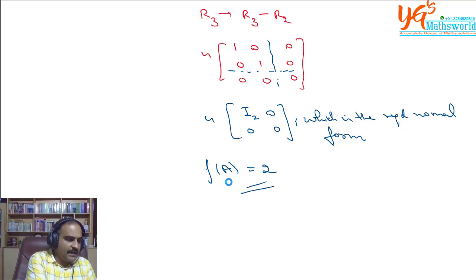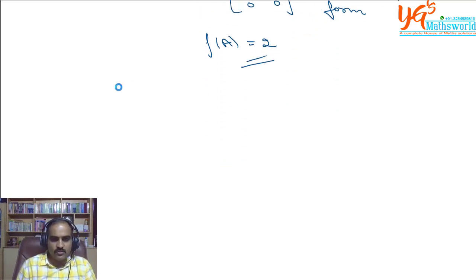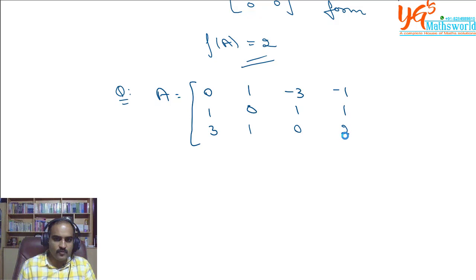Now I'll give you one question for practice, and do let me know in the comment section what will be the normal form and what will be the rank of this question. Okay, now the question is, we have a matrix A of 4 by 4, 0 1 minus 3 minus 1, 1 0 1 1, 3 1 0 and 2, then 1 1 minus 2 and 0.